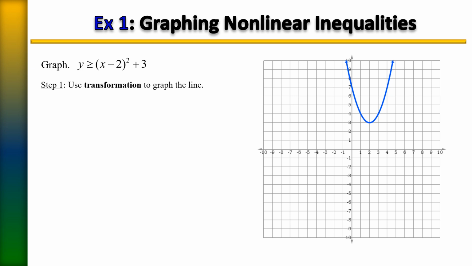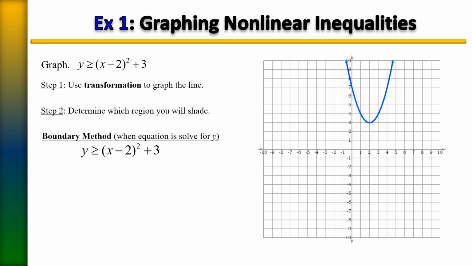All right, next we have to decide what region we are going to shade. Since the equation is solved for y, we can use the boundary method to determine whether we shade upper or lower. Recall that when you have greater than, that means you are going to shade upper.